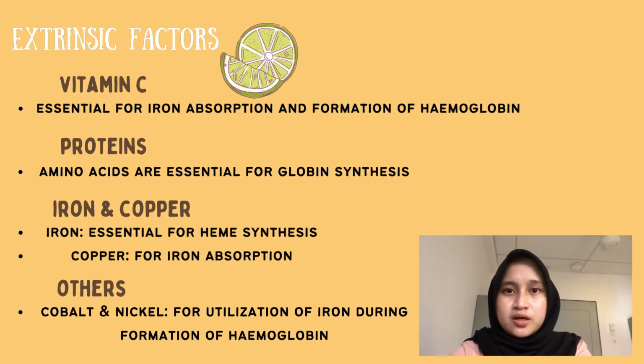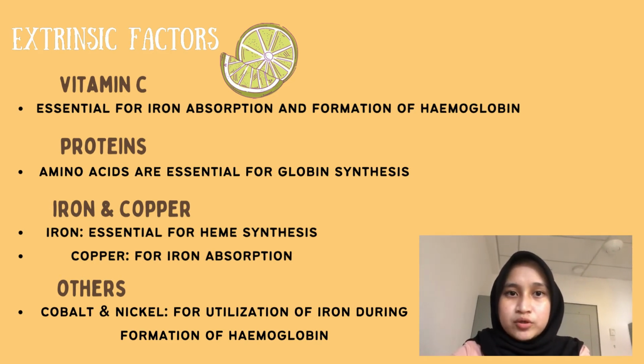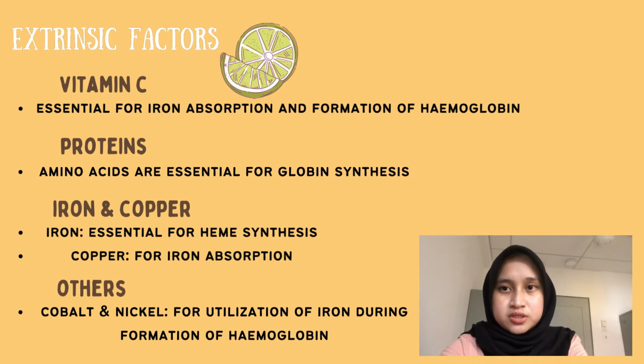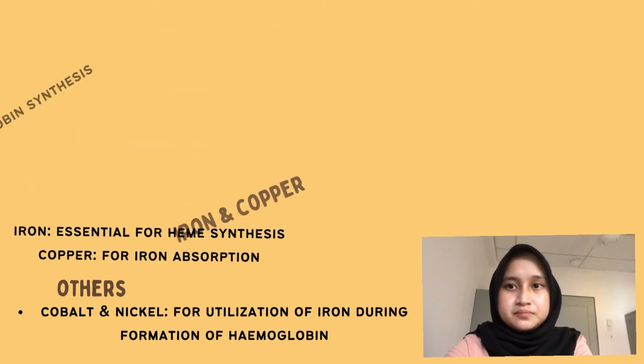Protein consists of amino acids, which are the building blocks for globin synthesis. And as for iron and copper, iron is very important for heme synthesis, and copper is also needed for iron absorption, same as vitamin C.